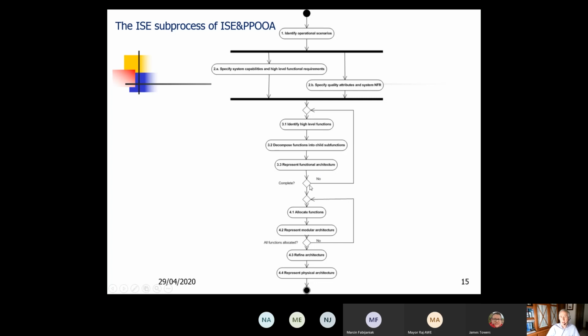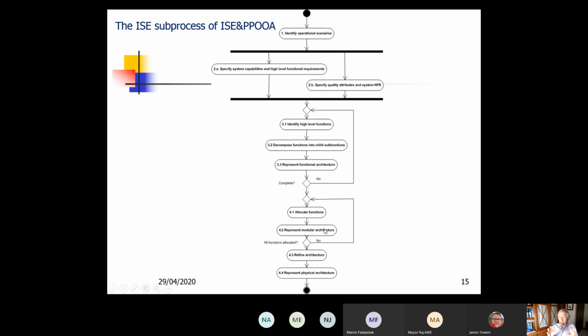When we have the functional architecture complete, and this is an iterative process, we allocate functionality to logical modules. These logical modules are groups of functions that are cohesive and with minimal coupling. For that, the use of the N-square chart is very interesting. And we represent the modular architecture.